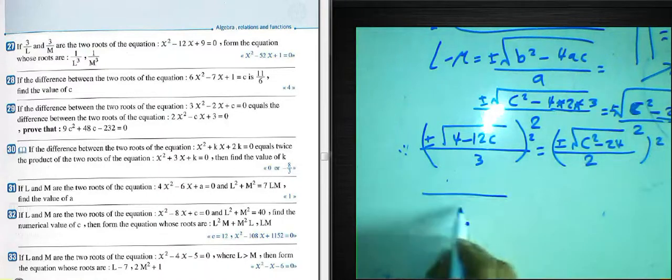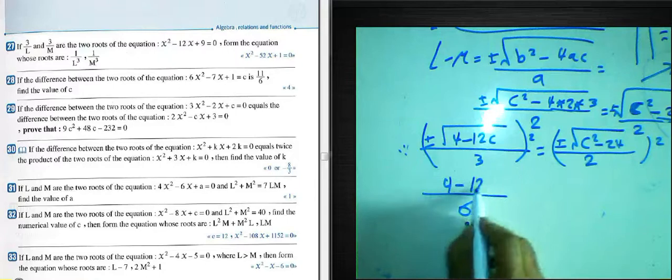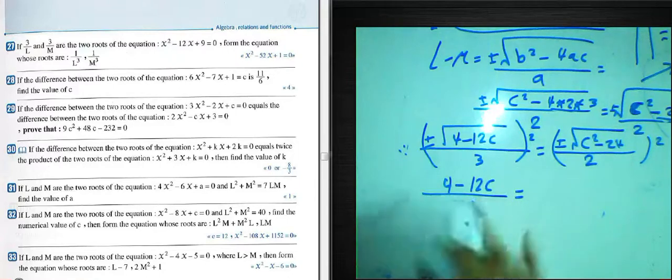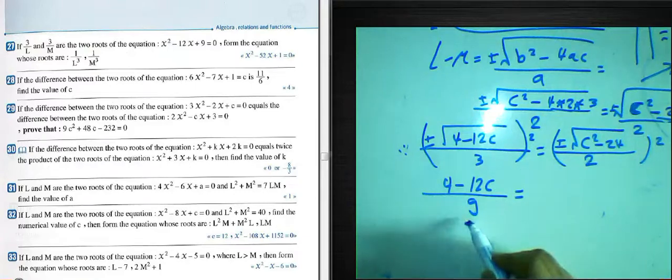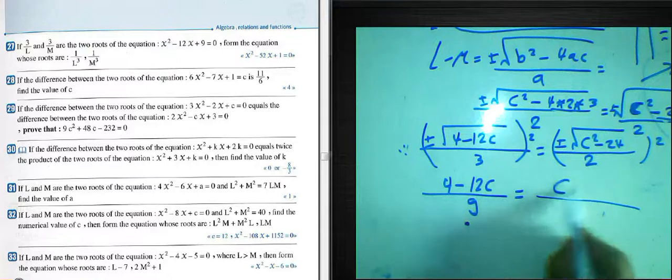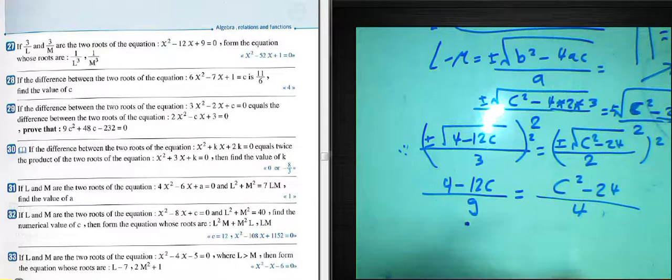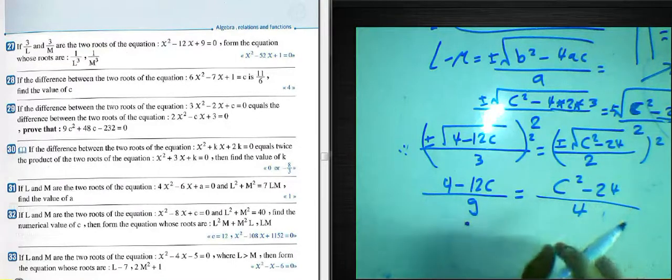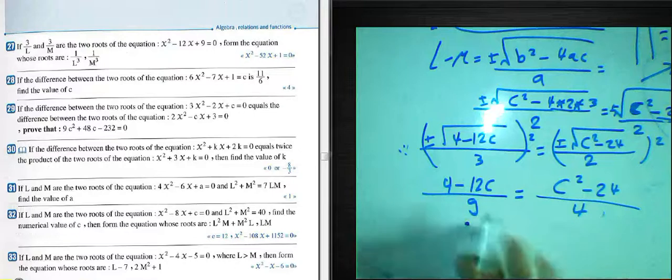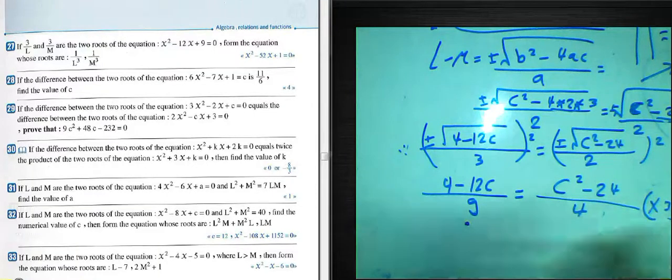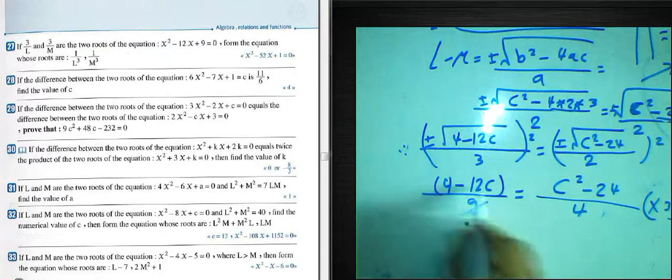The result will be 9, and 4 subtract 12c over 3 squared equals 9, 4 minus 12c equals c squared minus 24 over 4. Okay, we can multiply by 36. 36 divided by 9 equals 4, 4 multiply parentheses 4 times 4 equals 16.